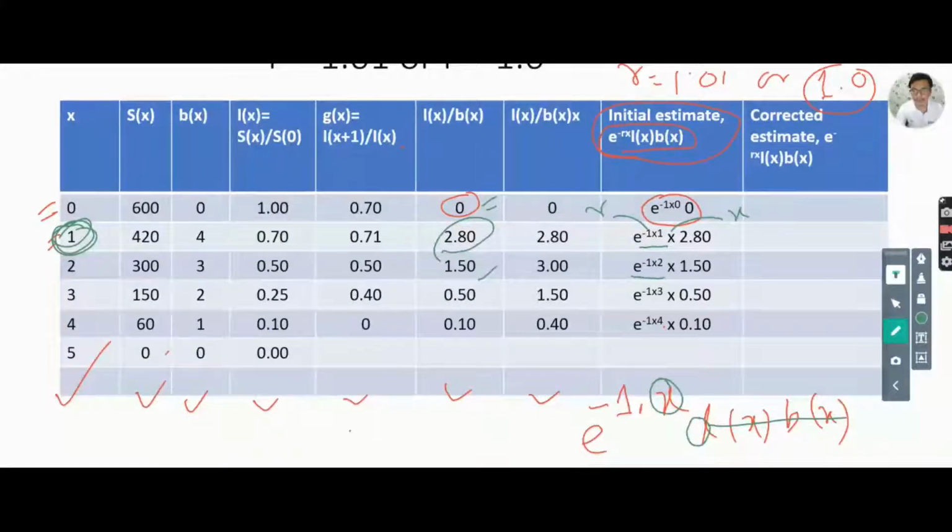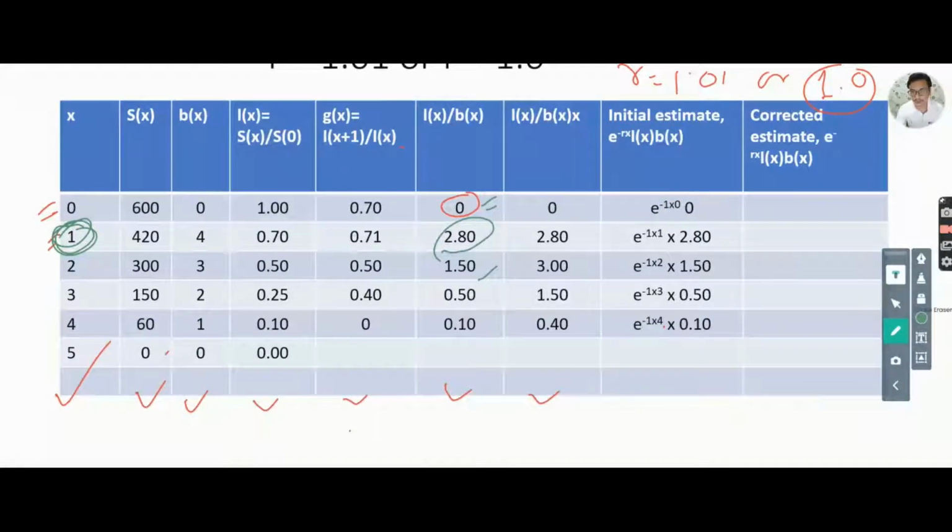Similarly you can find out into 3, 0.50, into 4, 0.10. This is our initial estimate, as we have calculated from the uncorrected one. So this is the first one we have constructed, initial estimate.